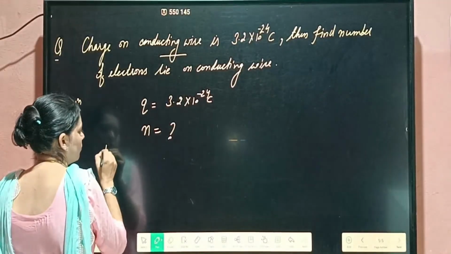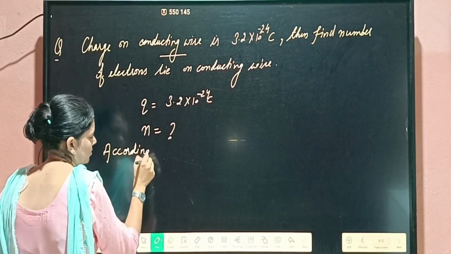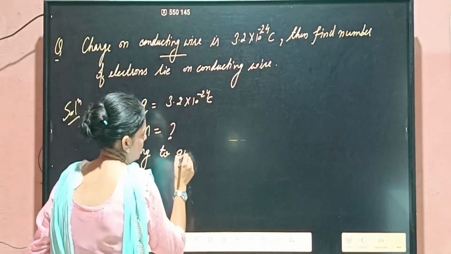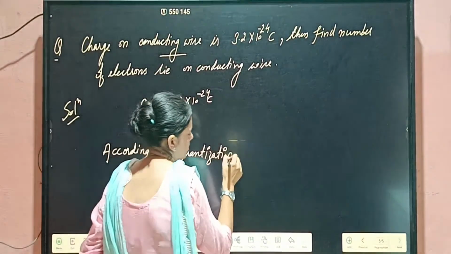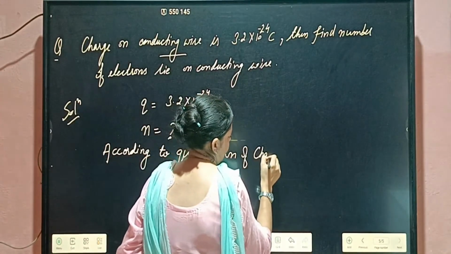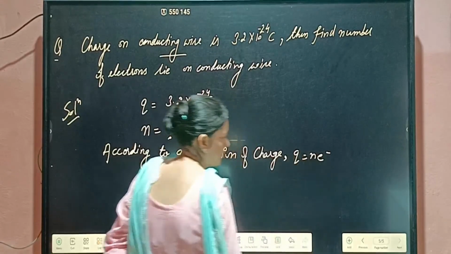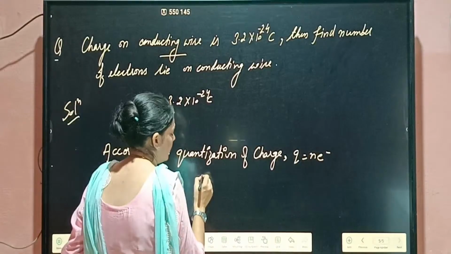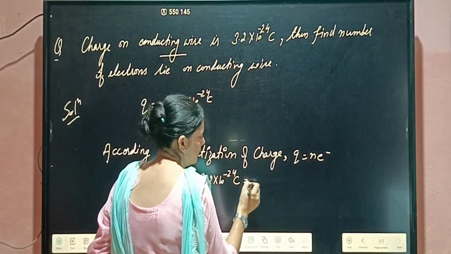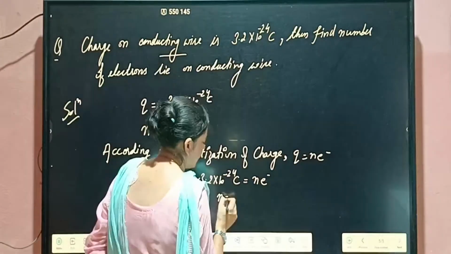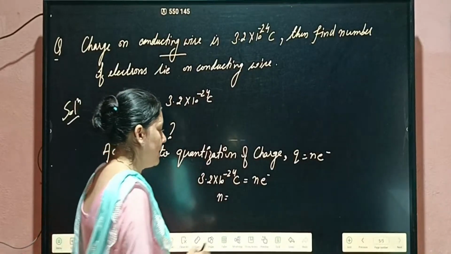According to the quantization of charge, we can write Q equal to n e. So Q is given here as 3.2 into 10 raised to power minus 24 coulomb, and we have to find n, the number of electrons.